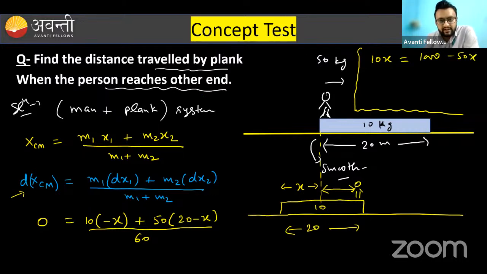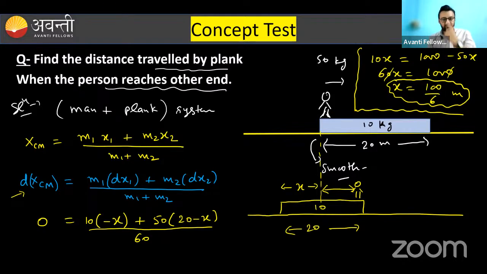Someone has answered that x equals 25. Okay. Can I say that 60x is equal to 1000? So x is equal to 100 by 6 meter.